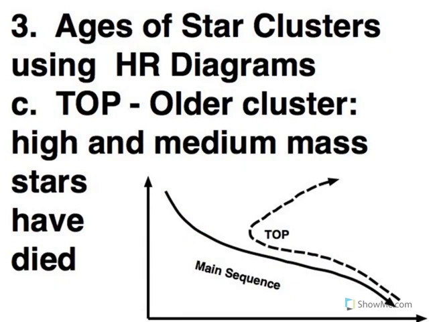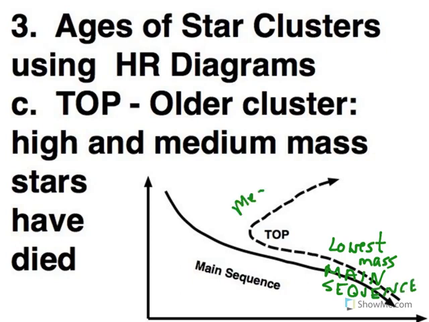If the cluster is a little bit older, then we've got our lowest mass are now main sequence. But now we're starting to have both medium and high mass have died.